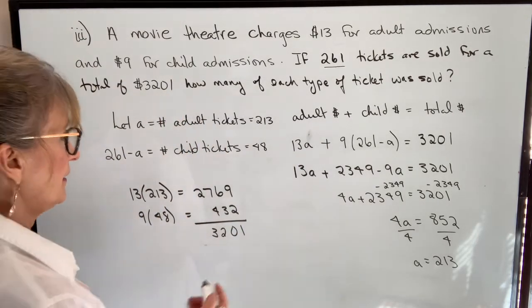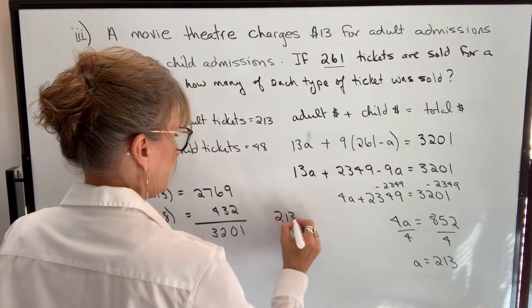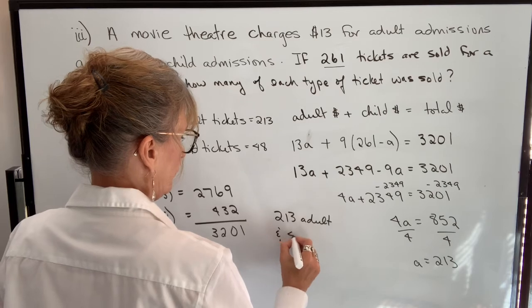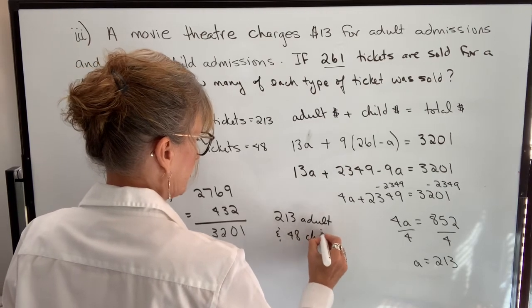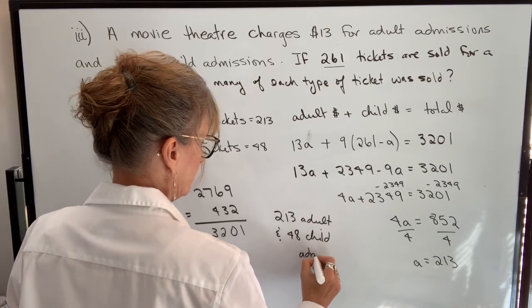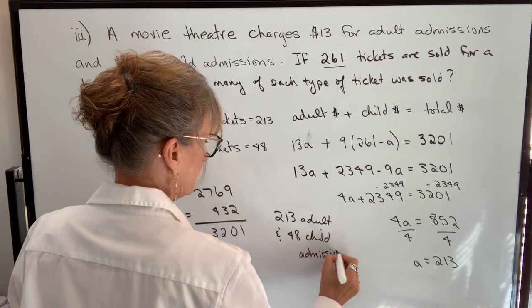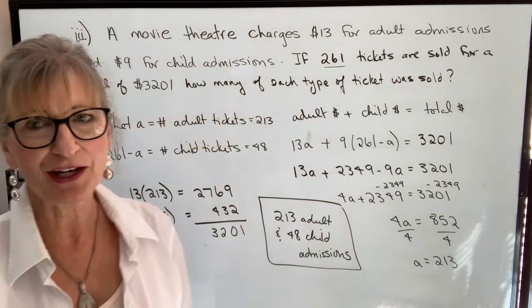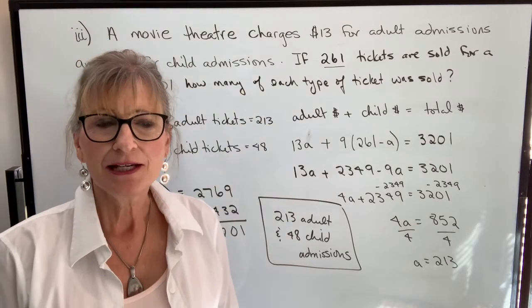So we would say 213 adult and 48 child admissions. You can make a nicer statement than that. I just don't have a lot of room.